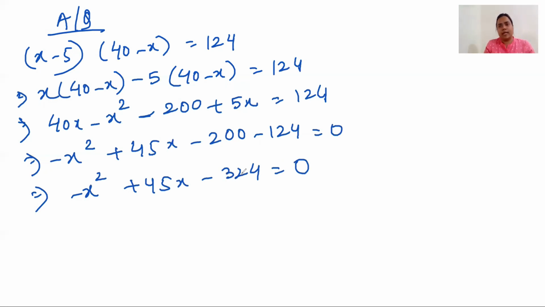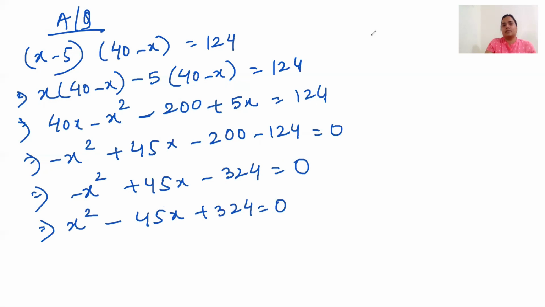If you want, you can solve it like this, or we can reverse the signs, because I don't like a negative sign on the coefficient of X squared. So I'll just reverse the signs. Again, A is 1, B is minus 45, C is 324.